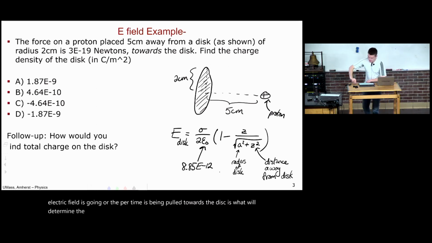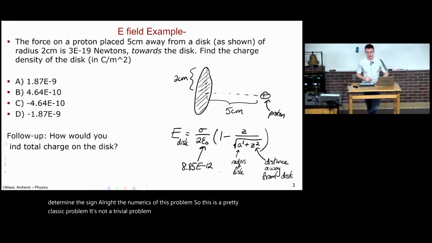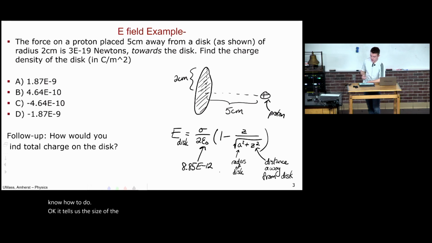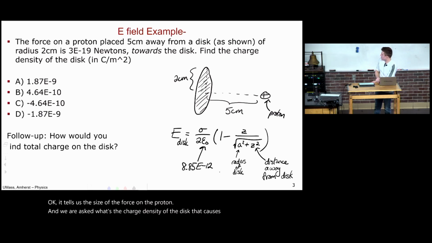All right. The numerics of this problem. This is a pretty classic problem. It's not a trivial problem, but it's definitely one you need to know how to do. It tells us the size of the force on the proton, and we're asked what's the charge density of the disk that causes that big of a force.